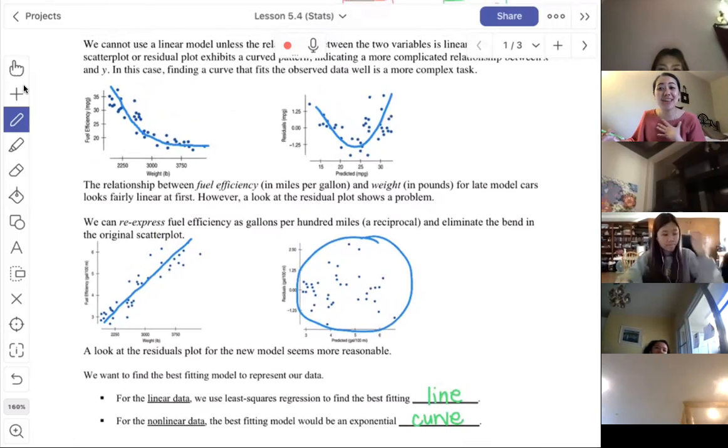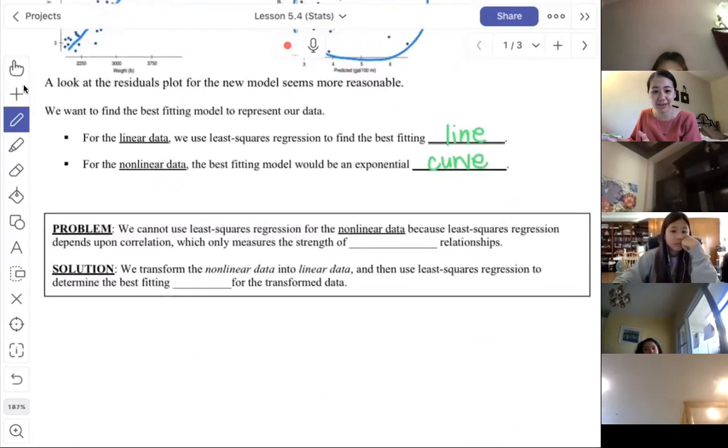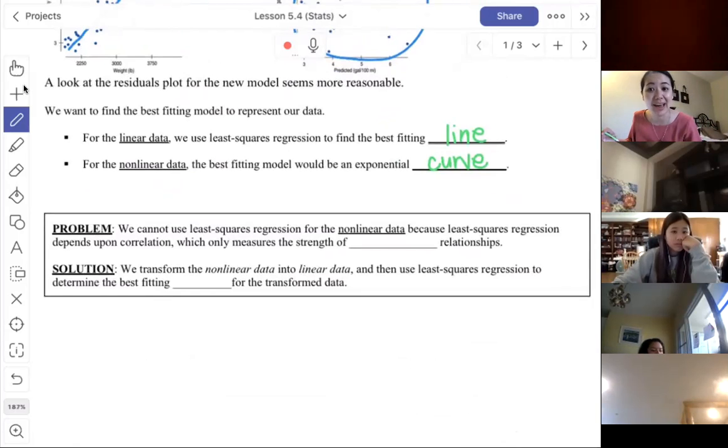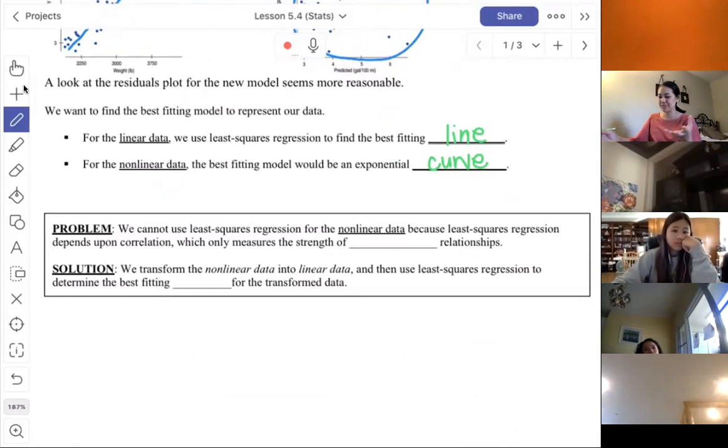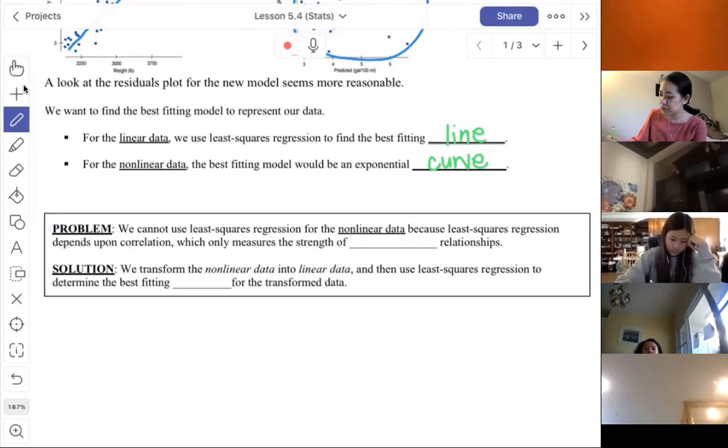So instead of trying to fit the best fit curve, we are going to re-express our data, transform it, and straighten out the data. That's our goal today. Our problem is that we can't use least squares regression for nonlinear data, because least squares regression depends on correlation, which only measures the strength of linear relationships.